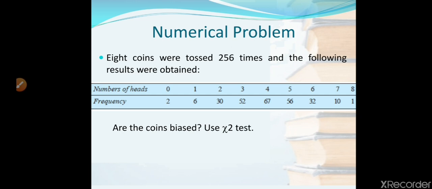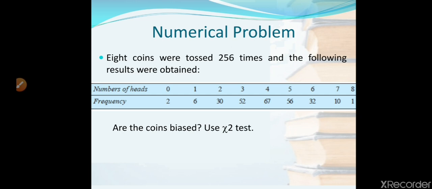So then we move to the next numerical. 8 coins were tossed 256 times and the following results were obtained. Number of heads: 0 heads for 2 times, 1 head for 6, 2 heads for 30 times, 3 heads for 52 times, 4 heads for 67, 5 heads for 56, 6 heads came for 32 times, 7 heads came for 10 times, and 8 heads came for 1 time.